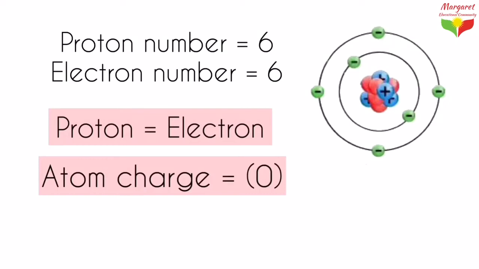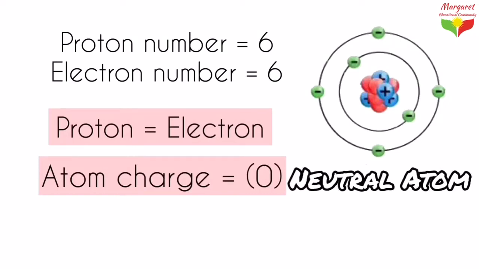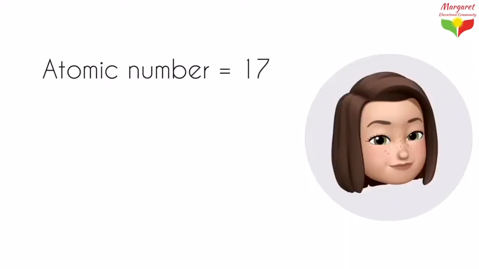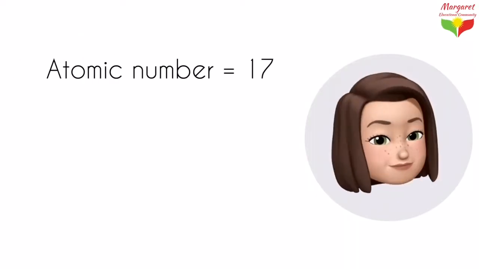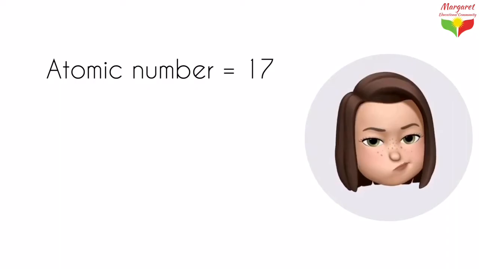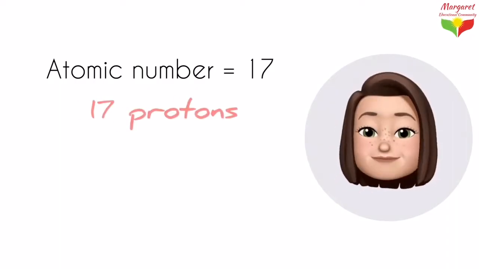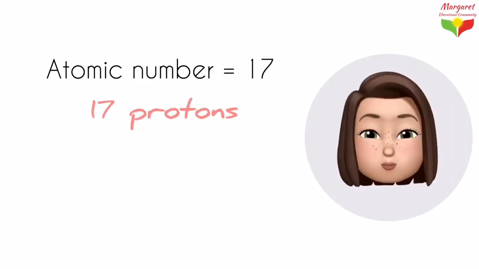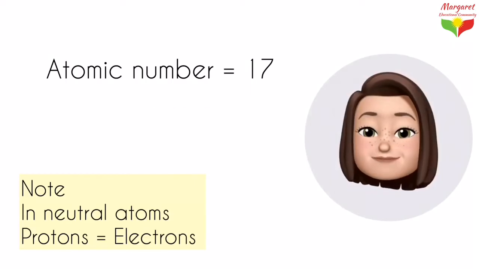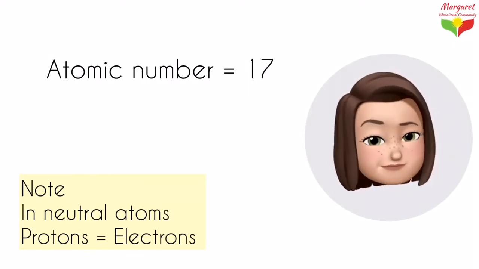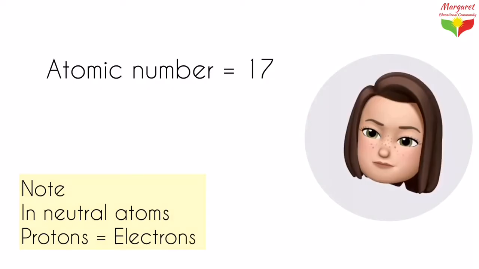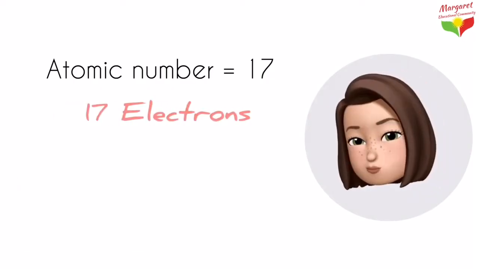And this happens in only one case, when the electron number and proton number are equal. So when we say the atomic number is, for example, 17, that means the atom contains 17 protons. But since the atom has no charge, it means that the electron number is equal to the proton number. So we will have 17 electrons.